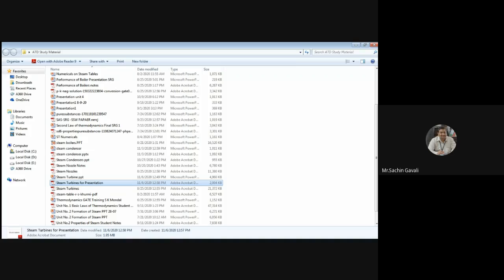Steam turbines is visible, that first PPT named steam turbines. The folder file is visible.